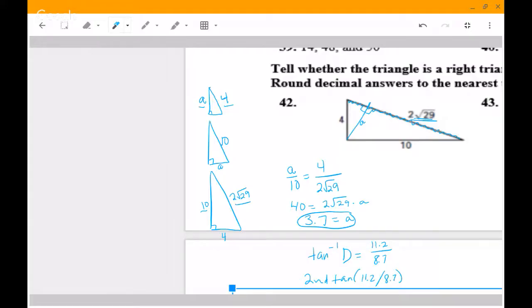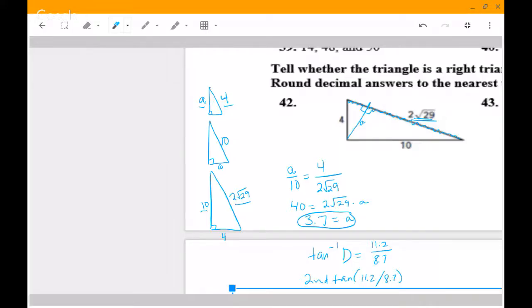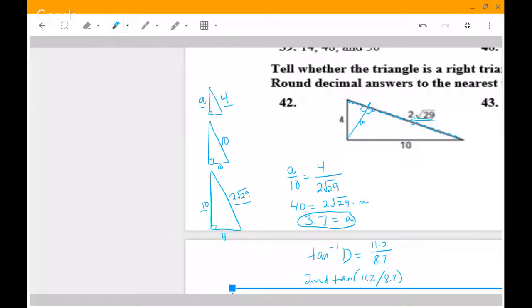And then 59 and 60. Solve the right triangle is you find all the angles and all the side measures, right? Correct. Whatever's missing, you fill in the missing pieces. Let me, D9, you said? Yeah.